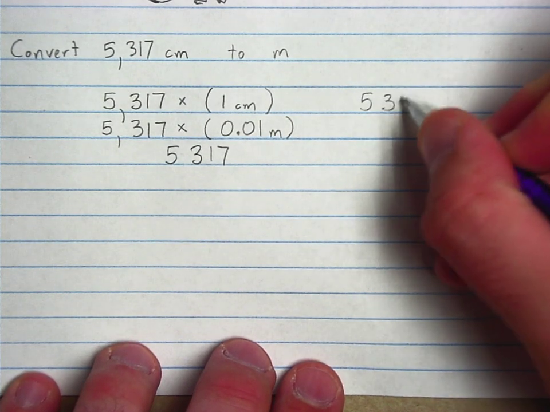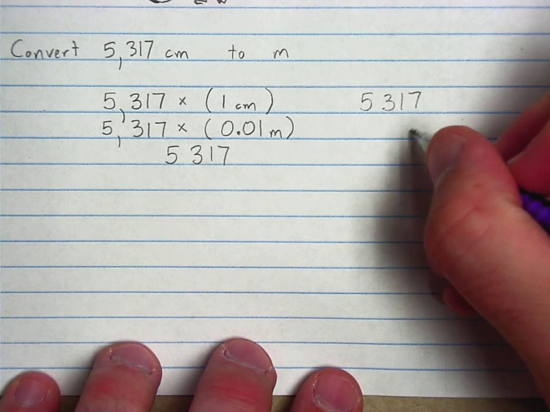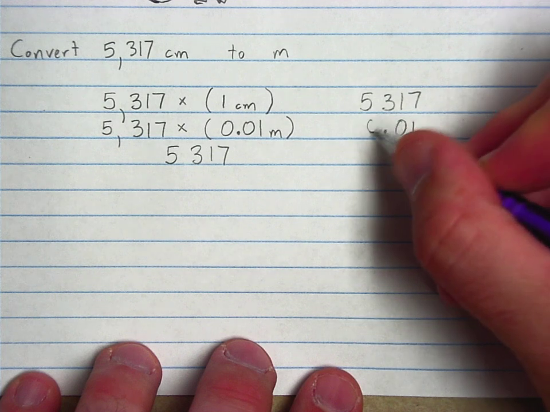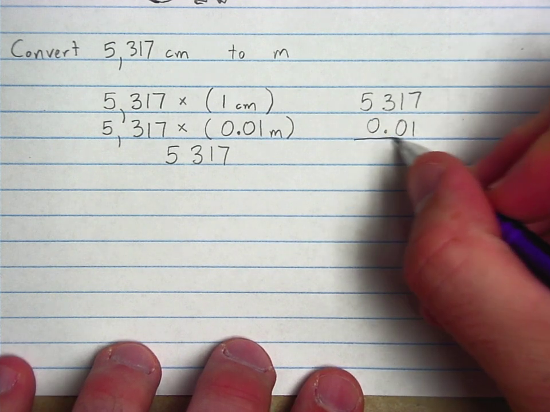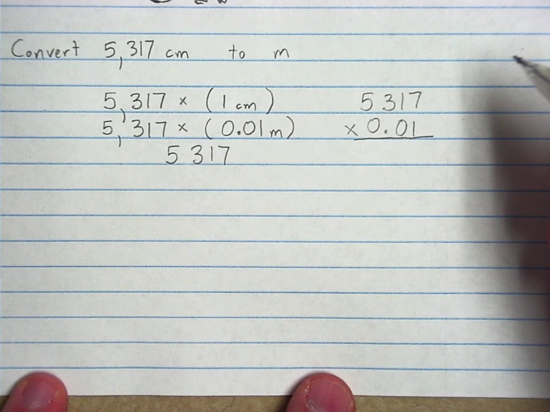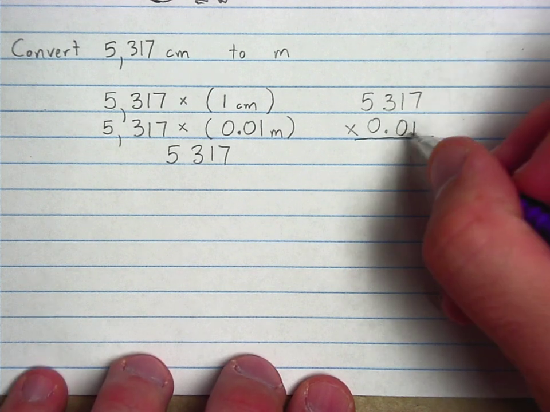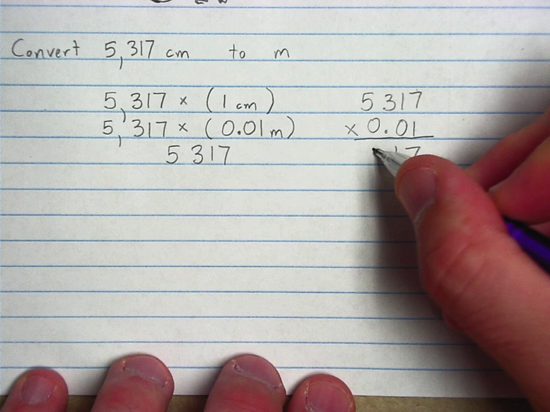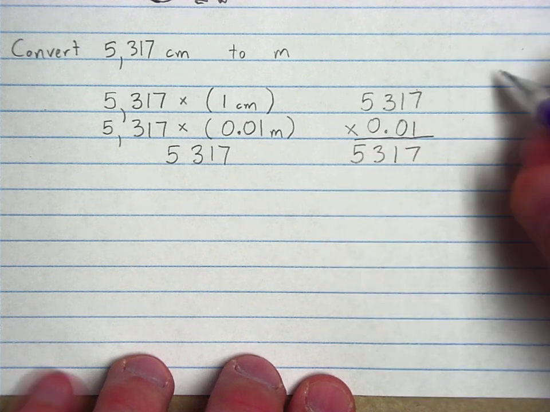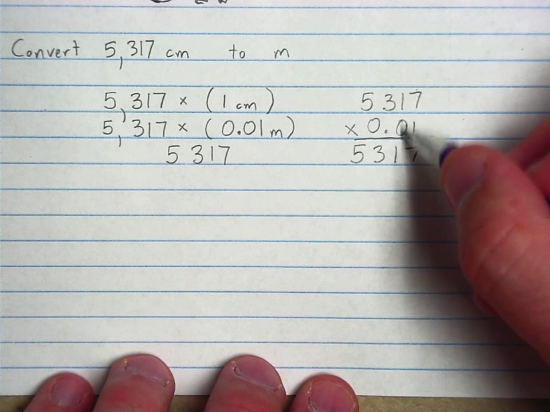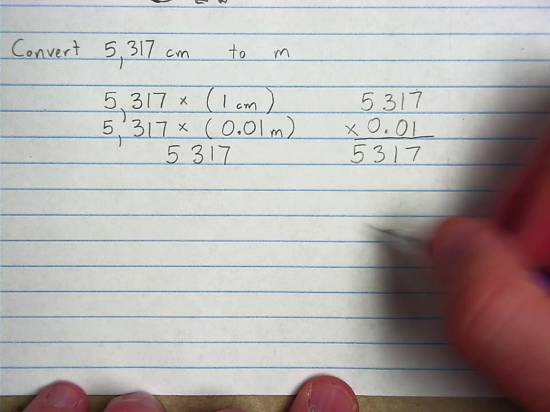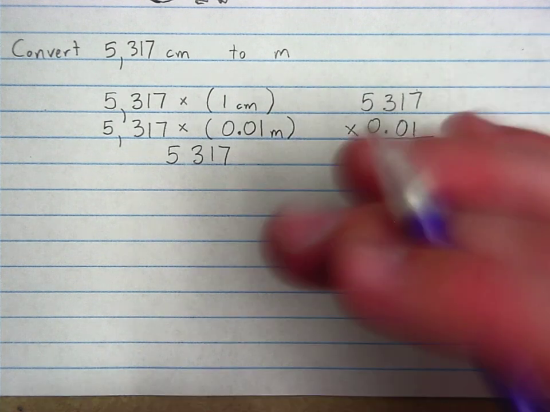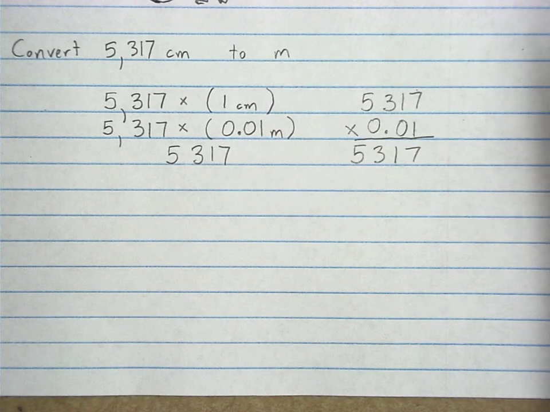I wasn't going to do it this way originally, but I changed my mind. Okay. That's very badly lined up. I wish I had graph paper. 1 times 7, 1 times 1, 1 times 3, 1 times 5. I could do the 0 times 0 times 0 times, but it's just going to be all zeros. It's not going to change anything. It's not going to adjust the number.